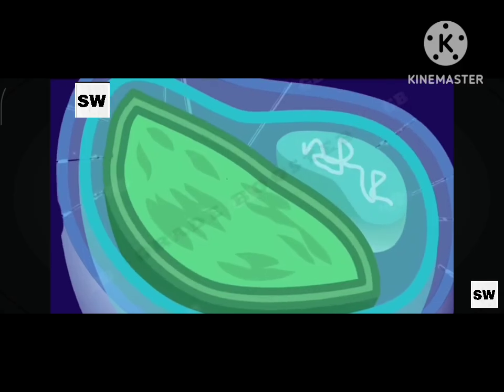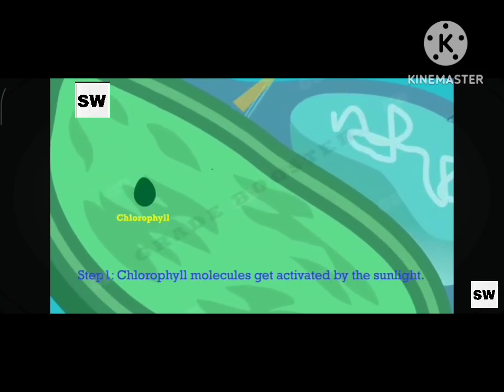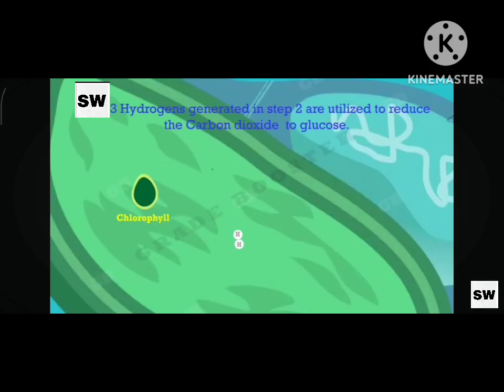Let us see the steps involved in it. Step 1. Chlorophyll molecules get activated by the sunlight. Step 2. Activated chlorophylls split the water into hydrogen and oxygen. Step 3. Hydrogen generated in step 2 is utilized to reduce the carbon dioxide to glucose.